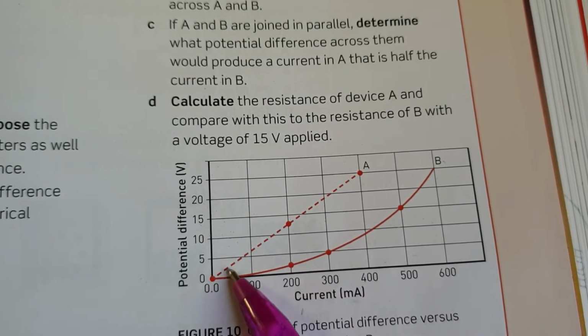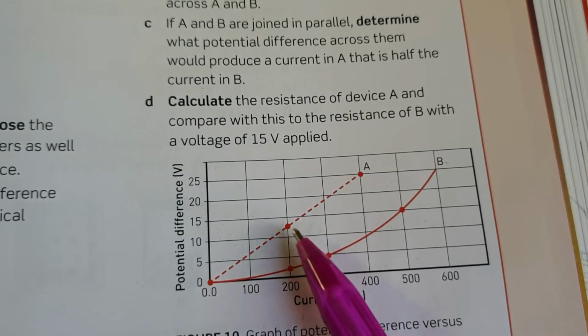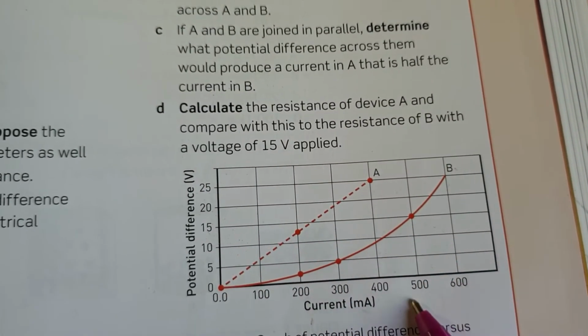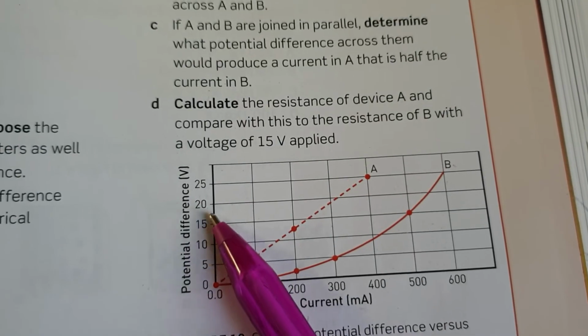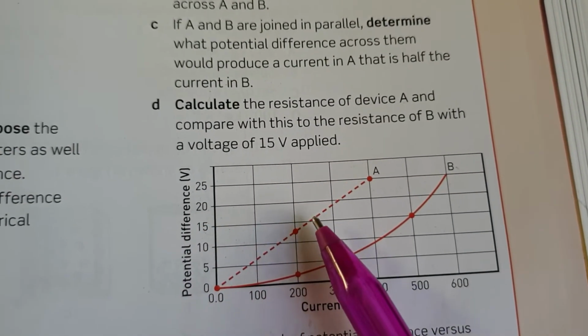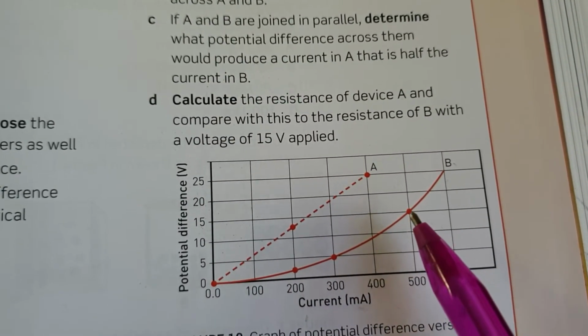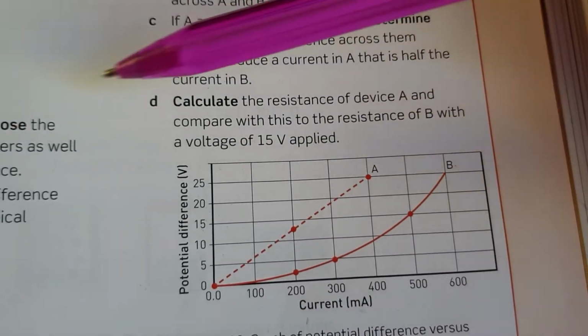Again, not half. When we get up to 15, though, this is 250 and that is 500. So that's the answer, 15 volts. At 15 volts, the current that goes through A will be half the current that goes through B. So the current will split.